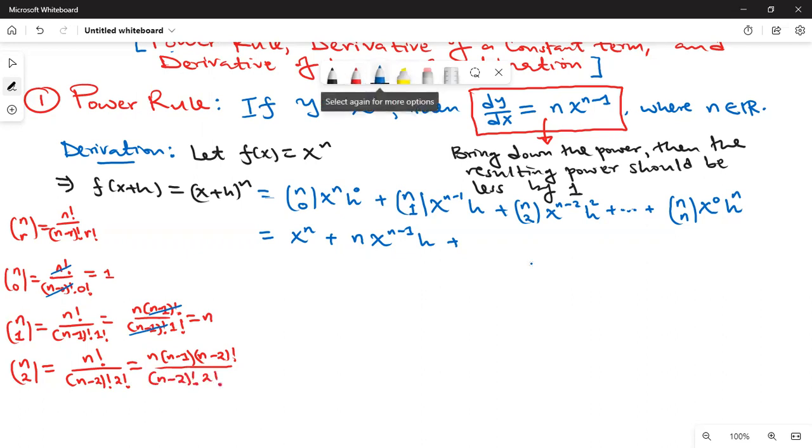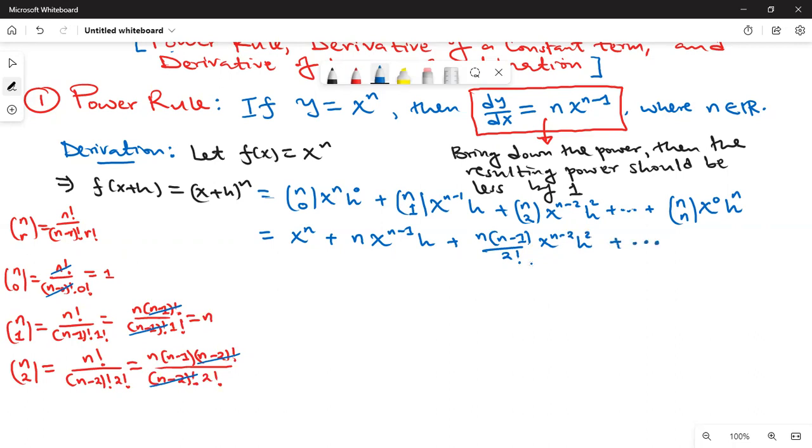If I simplify, n minus 2 factorial will cancel, so we have n times n minus 1 over 2 factorial. And that should multiply x raised to n minus 2 times h squared, plus so many other terms.